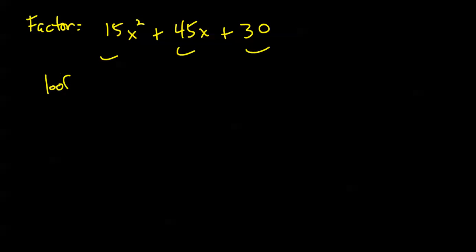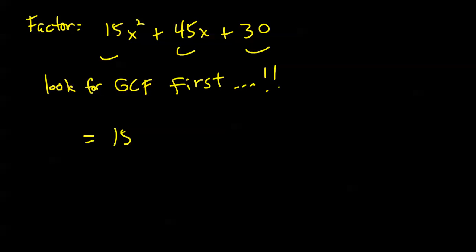So I'll always look for a GCF first, really in any factoring problem. That's going to make our life easier here. I can factor out a GCF of 15, and I think you'll agree it's much easier to factor at this point.